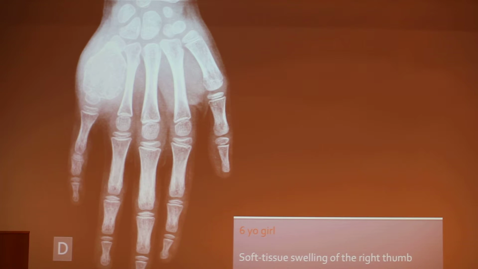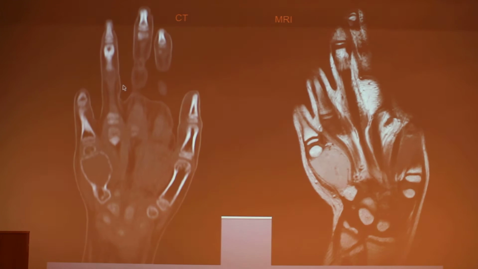Another example here of a 6-year-old girl with soft tissue swelling of the right thumb, with an expansile lesion on the X-rays of the first metacarpal bone with respect of the cortex. Further studies were performed.